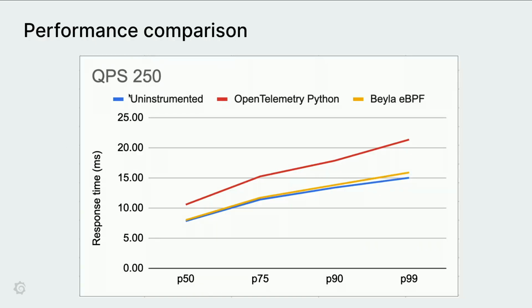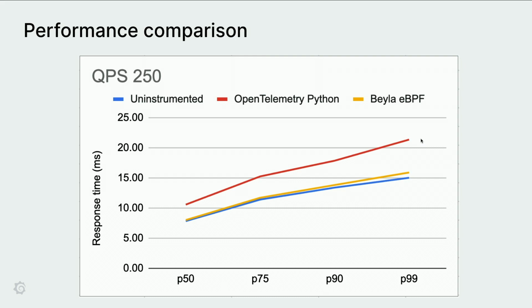And these are the comparisons in terms of request time. So for 250 requests per second, you can see the response time of the service. Those are the percentiles, from percentile 50 to percentile 99. So you can see a small overhead in Python on the response time.